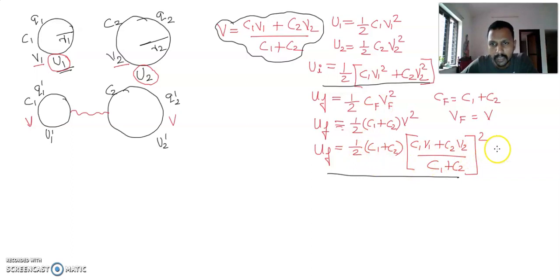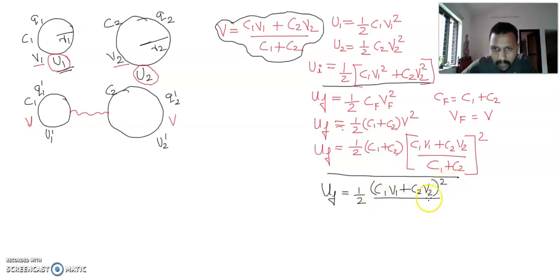If we expand this square, we could cancel one (C1 plus C2) against the (C1 plus C2) whole square. That means I could even write it like this: half (C1 V1 plus C2 V2) the whole square divided by (C1 plus C2).